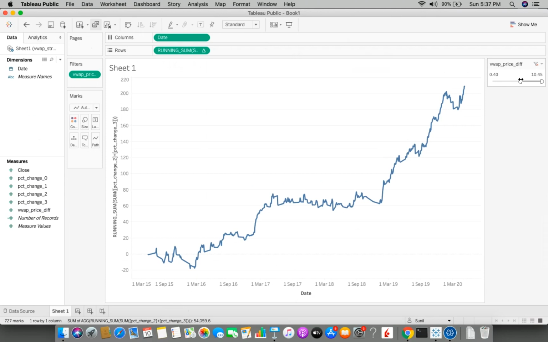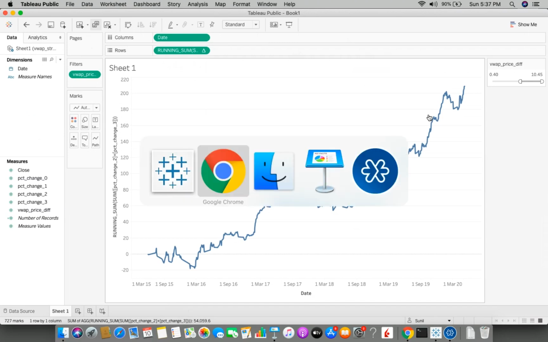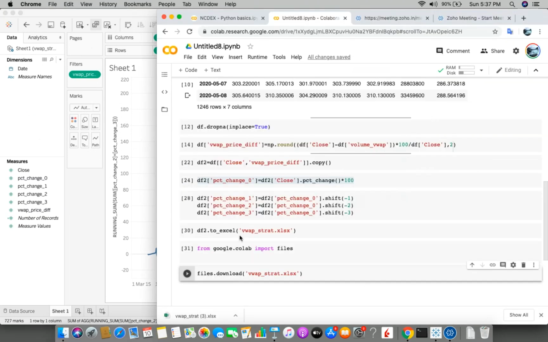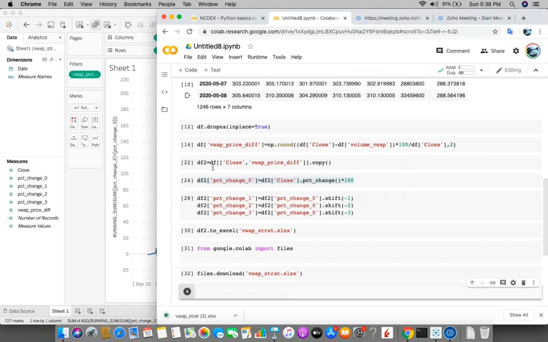So now I understood: if I take the position when the VWAP is between 0.4 to 10.45, then this is going to be my return for the next 2 days. So I can keep my entry position like that in DF.